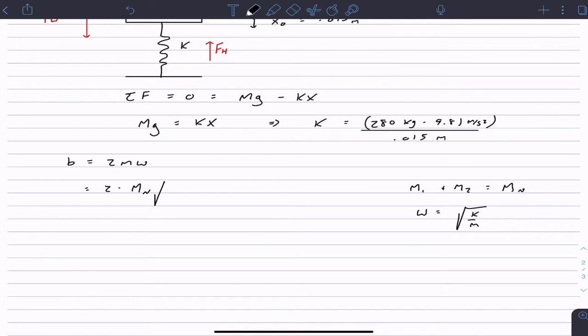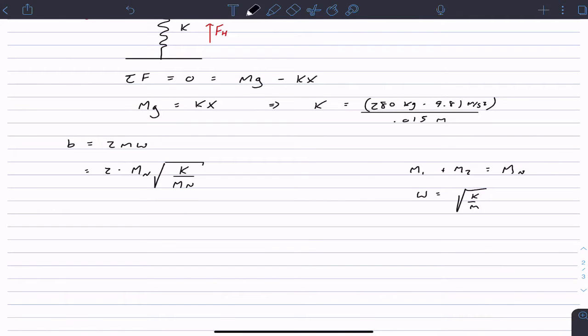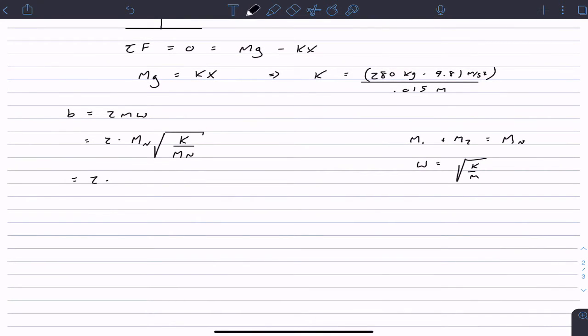So now we have the square root of k, the spring constant, over the total mass, the mass of what's in your system. Okay, so what does that mean now? We have 2 times m net times m of the people times g over x naught all over net mass.